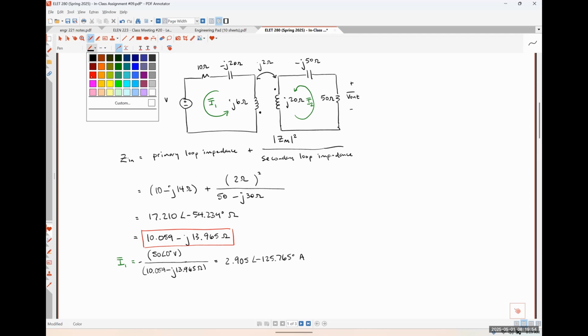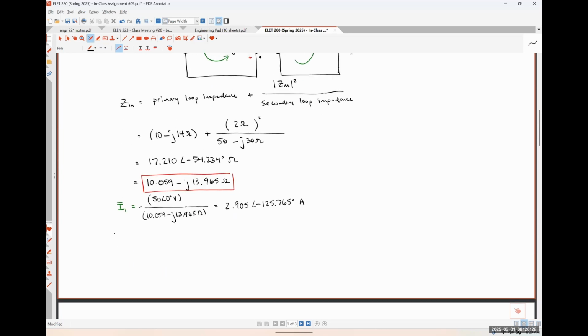So just to be clear here, I'm going to assume that the positive polarity terminal of the voltage drop across that J6 ohm coil is on the dotted side, okay? And we're going to follow I1 around. So if we follow I1 around, the first thing that we're going to see is actually that positive polarity terminal of that J6 ohm coil, right?